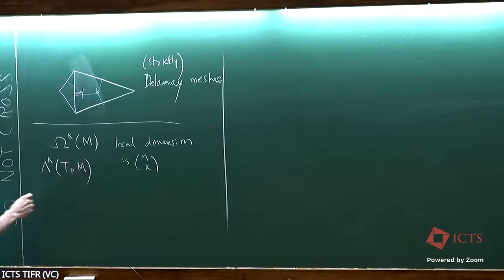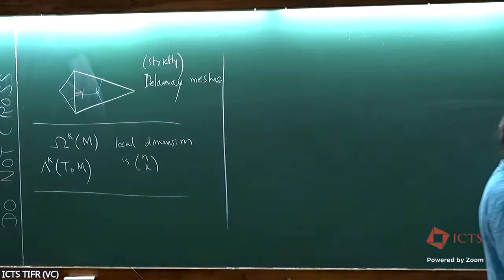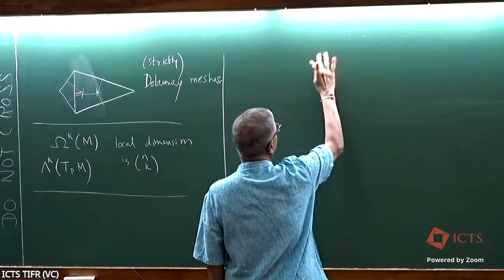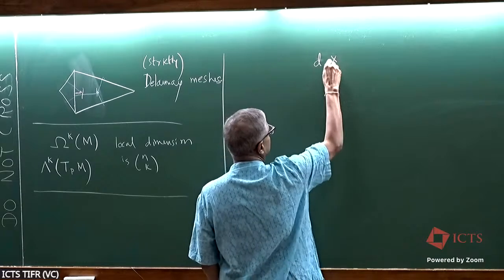Okay, the third thing I want to say is that the word discrete exterior calculus is sometimes used in a variety of senses, but I just want to say how we think of it, when we say DEC, this is what we mean. The important parts are that there is a d and a Hodge star separation.